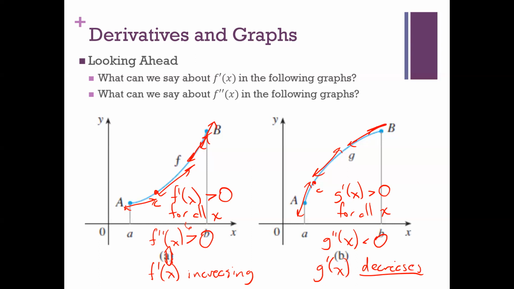That's not possible. The reason I asked that question is because if you say g double prime is negative, you are also saying g prime decreases. Those two things are equivalent. You're saying the same thing in different words.